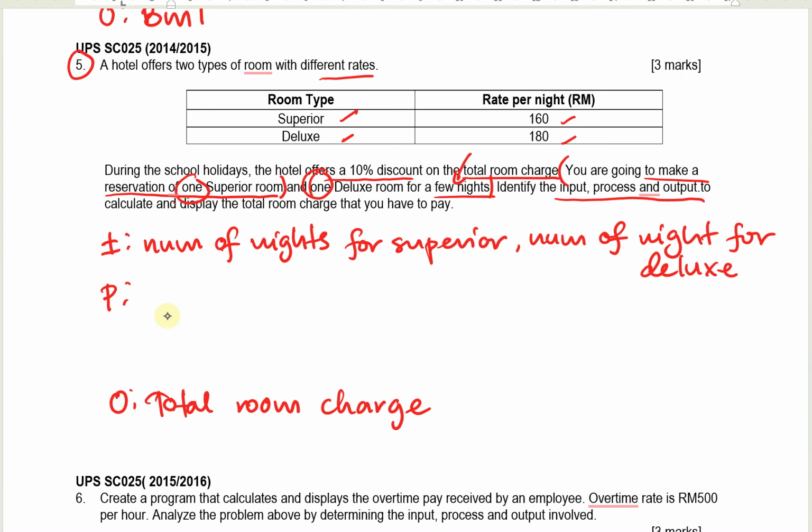Then this program allows you to reserve for a number of nights. Okay, next, how about the process? So what are you going to calculate? So you are going to calculate total room charge. Okay, based on what?